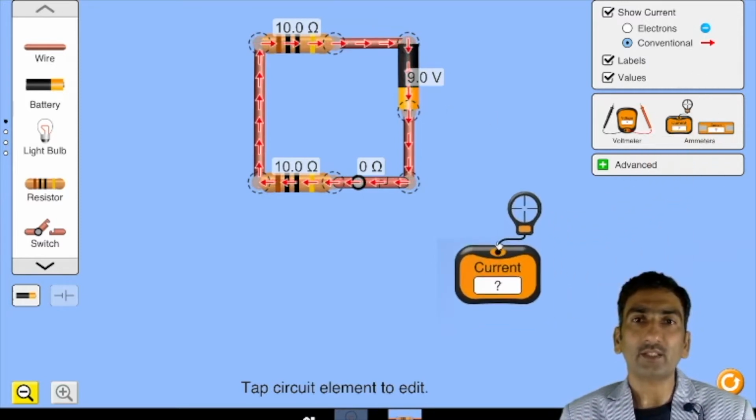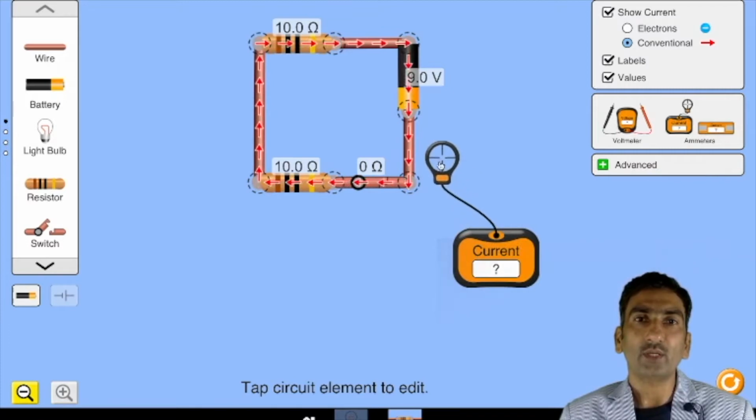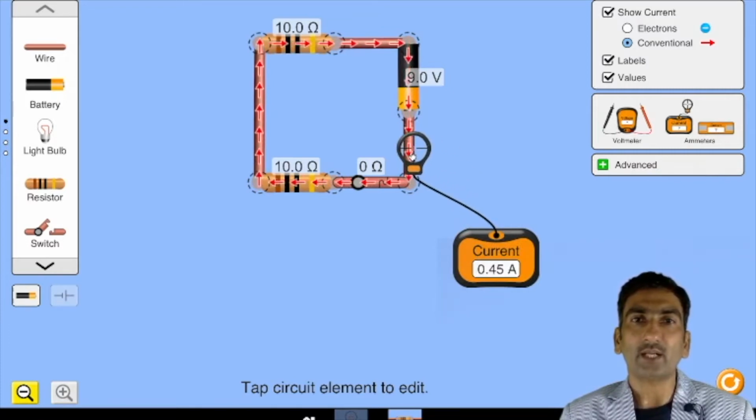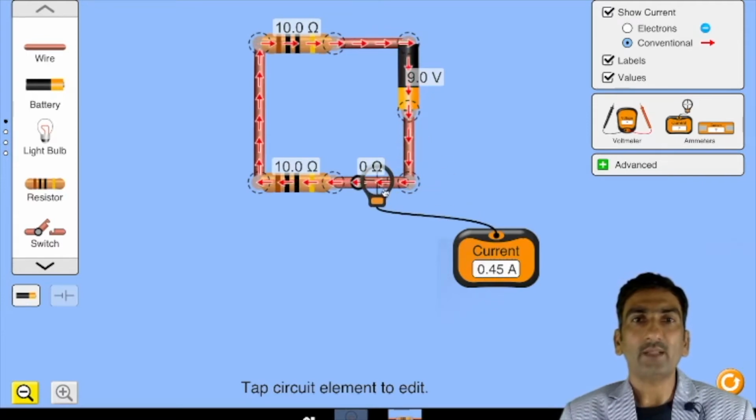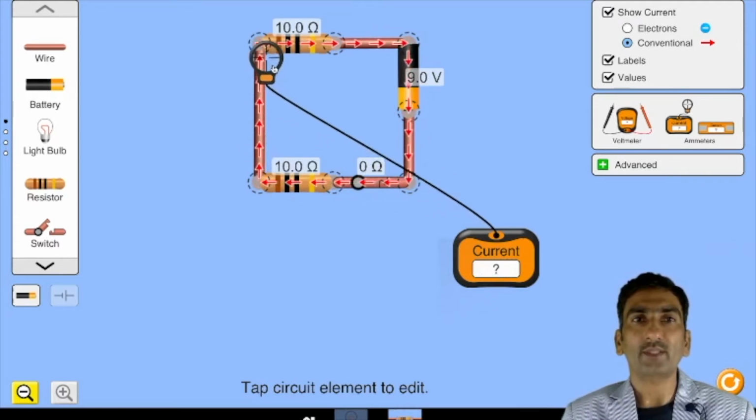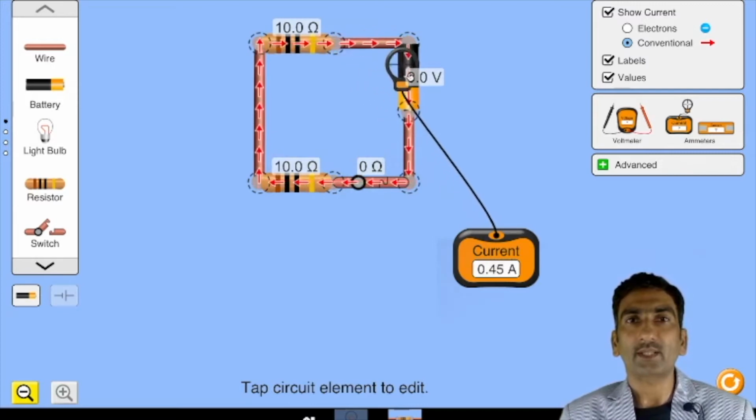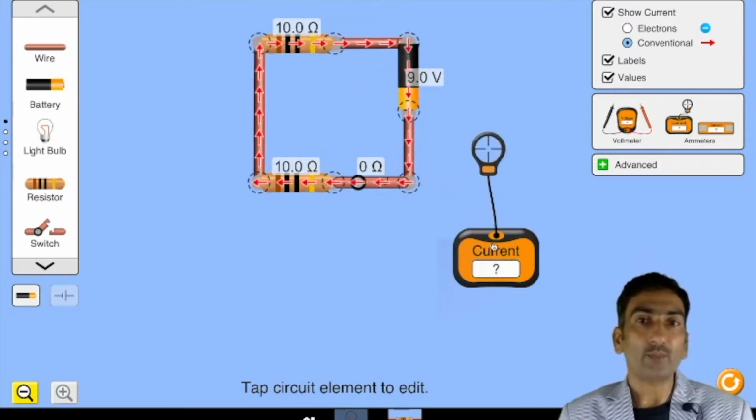You can check what current is flowing through it. At any point you can check, and you will see this value, 0.45 ampere. At any point the value remains the same because the current remains exactly the same. One more important point here.